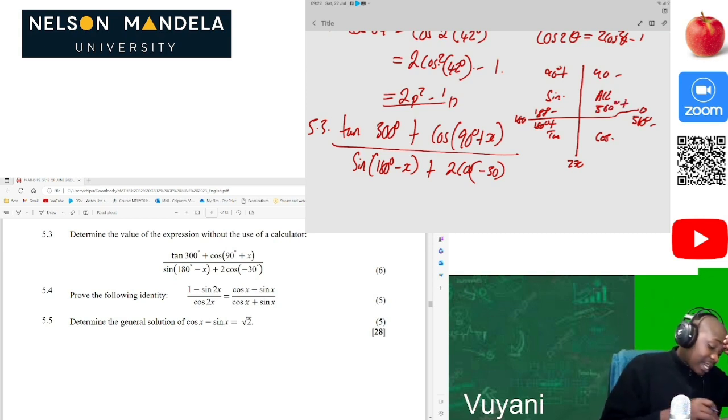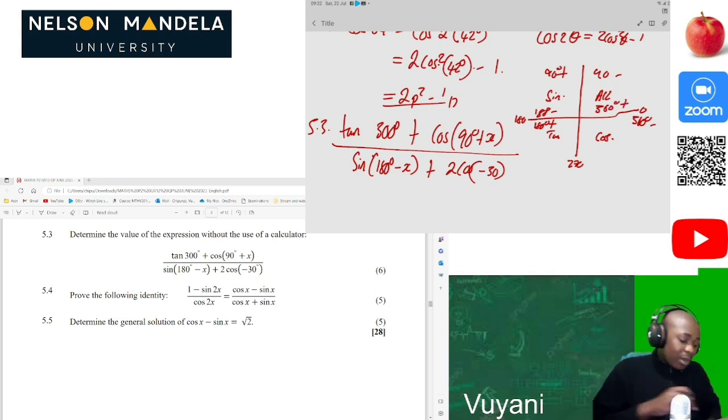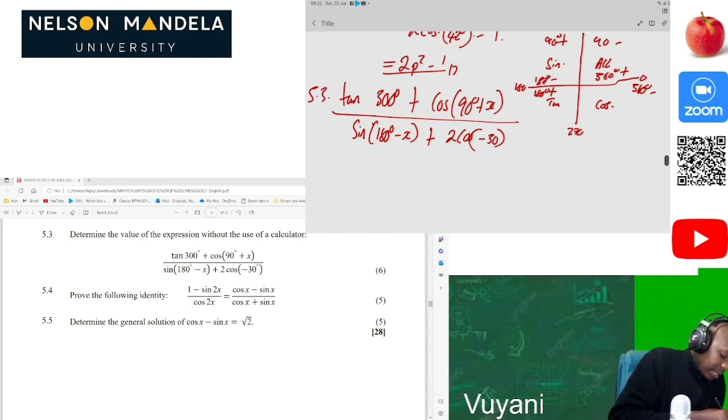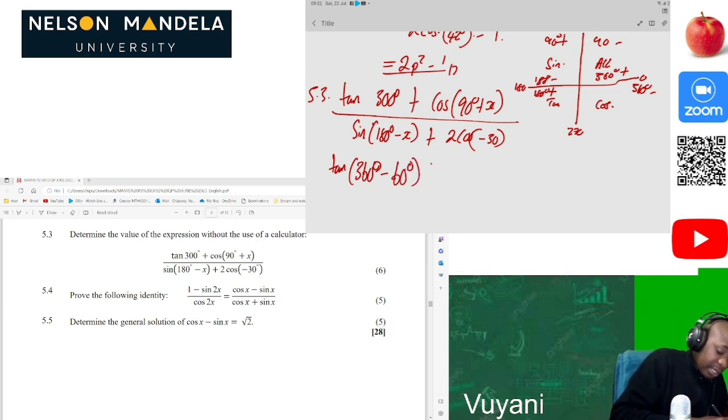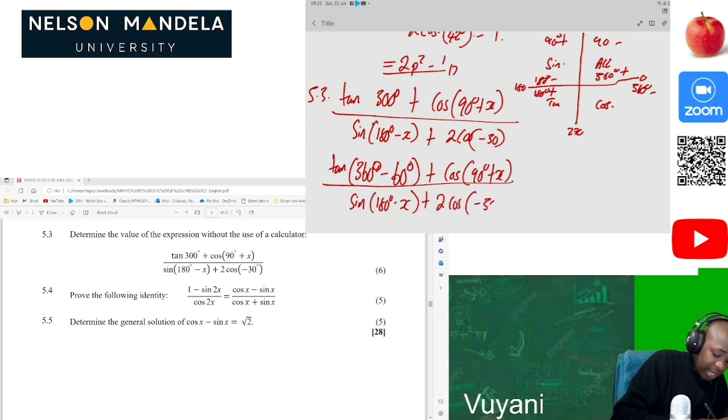So tan 300, where is 300? 300 is in the fourth quadrant, and we know that in the fourth quadrant we have tan of 360 degrees minus. Which acute angle are we looking at? 360 degrees minus 300 gives 60. So it's going to be tan of 360 degrees minus 60, then plus cos of 90 degrees plus x divided by sine of 180 degrees minus x plus 2 cos of negative 30.